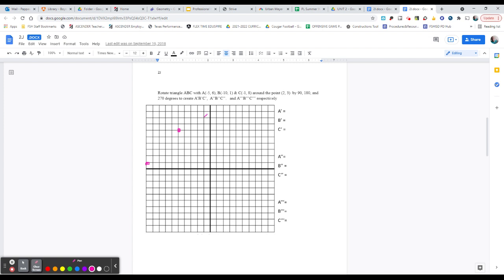No, I don't really like that point either. Let's make that negative 1, 4 instead. We're going to rotate it around the point 2, 3.